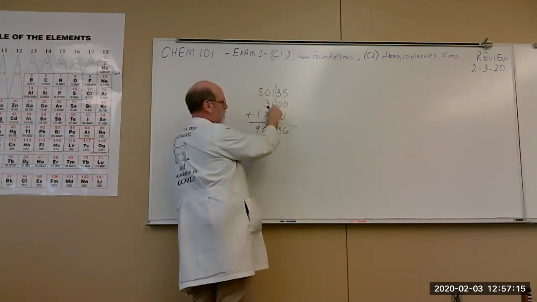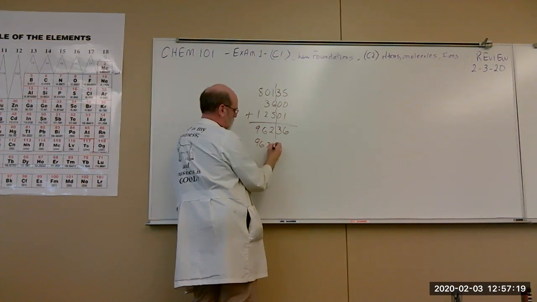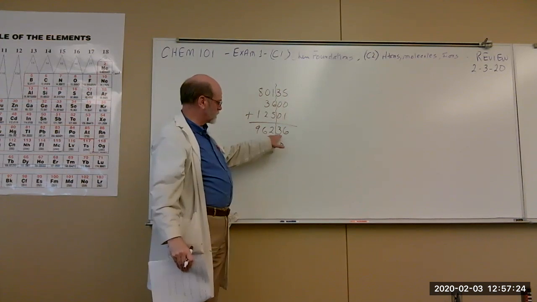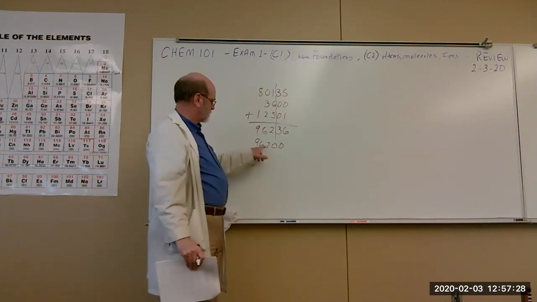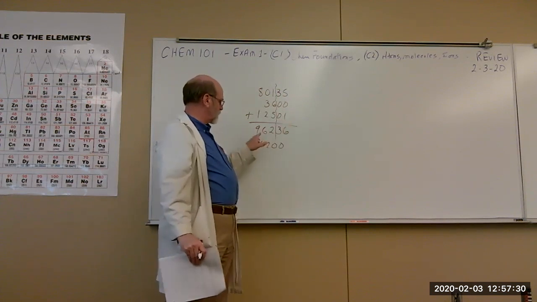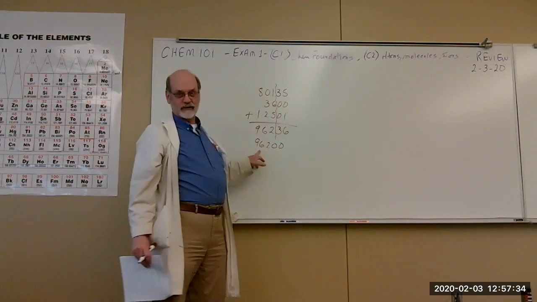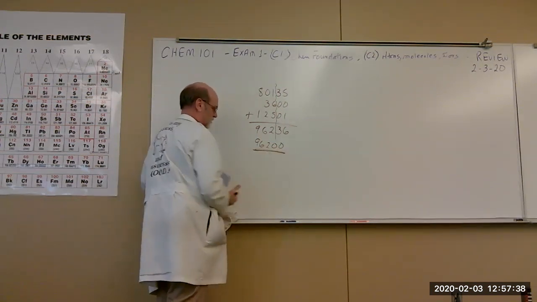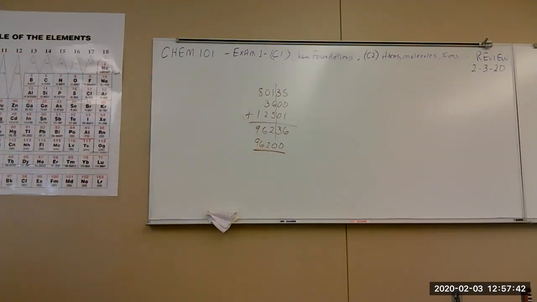So you'd have to round to this position, and put these two placeholders in there for those two positions. If we left them off, then our answer would be 962, not 96,200. But as it is, that's the correct answer with the last two zeros being non-significant.